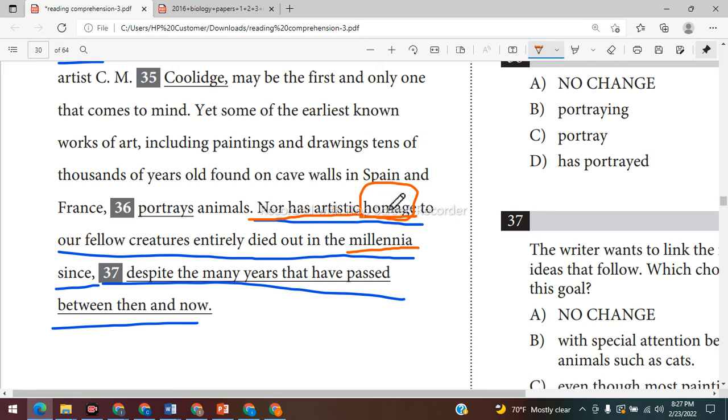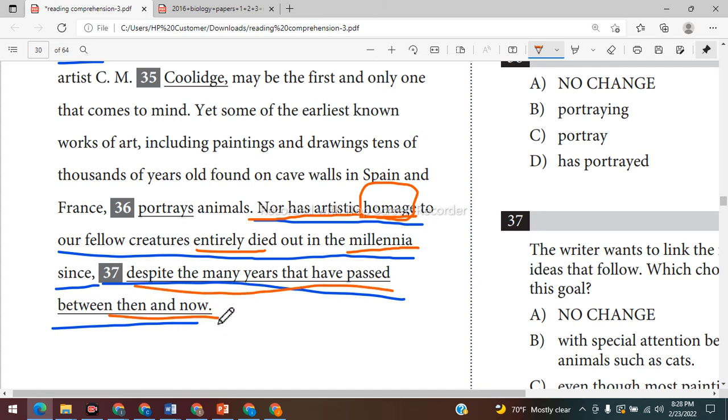They're saying that people not only depicted animals back in the day, it hasn't entirely died out, but still continues even though many years have passed.